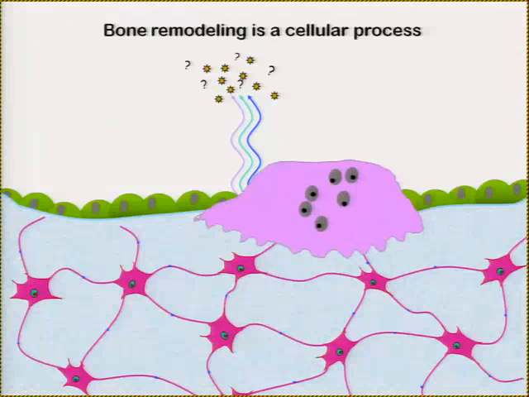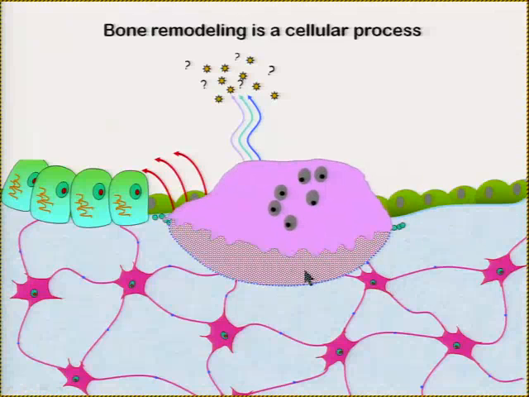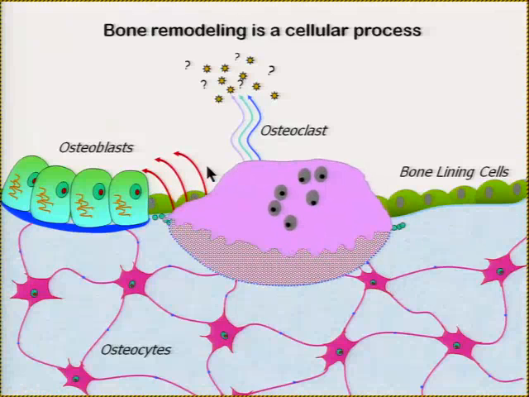And what happens at this point is cells of hematopoietic origin, these multinucleated osteoclasts, are recruited to the bone where the signal is and create a lacunae, a Howship's lacunae. This lacunae sends out a coupled signal that recruits osteoblasts. We'll talk about that a little later. And these osteoblasts make new bone. So bone is continually turning over.